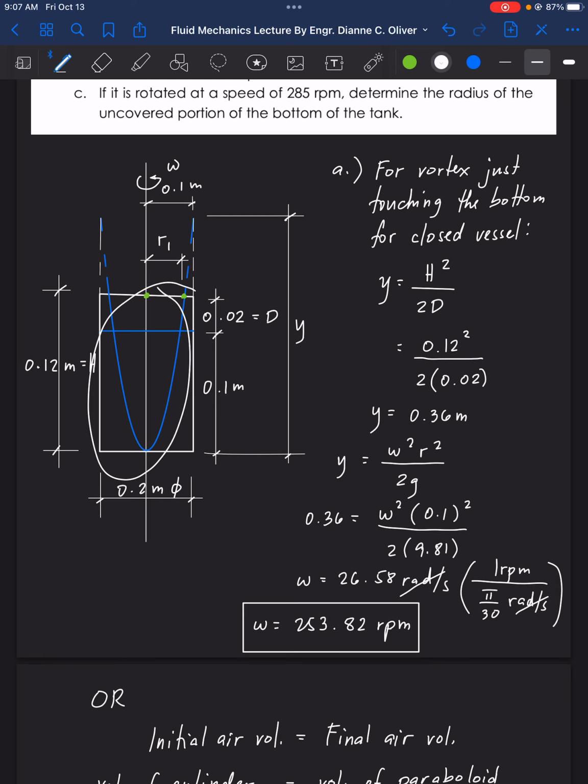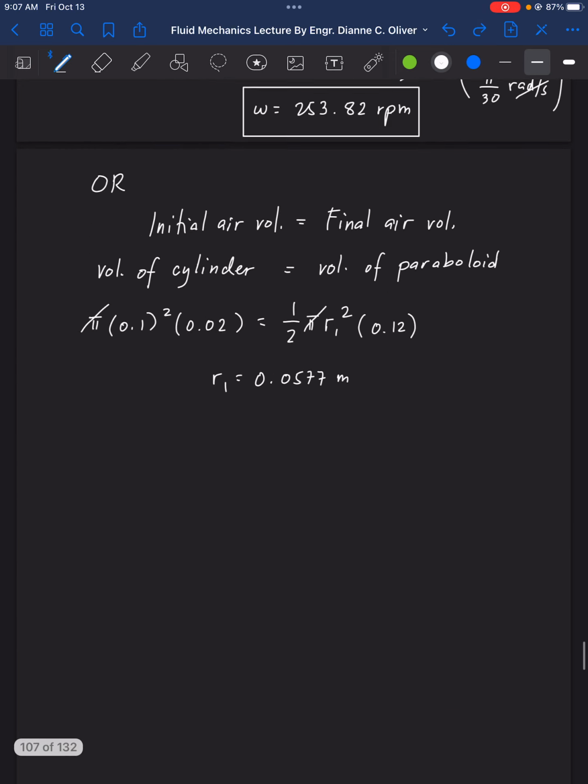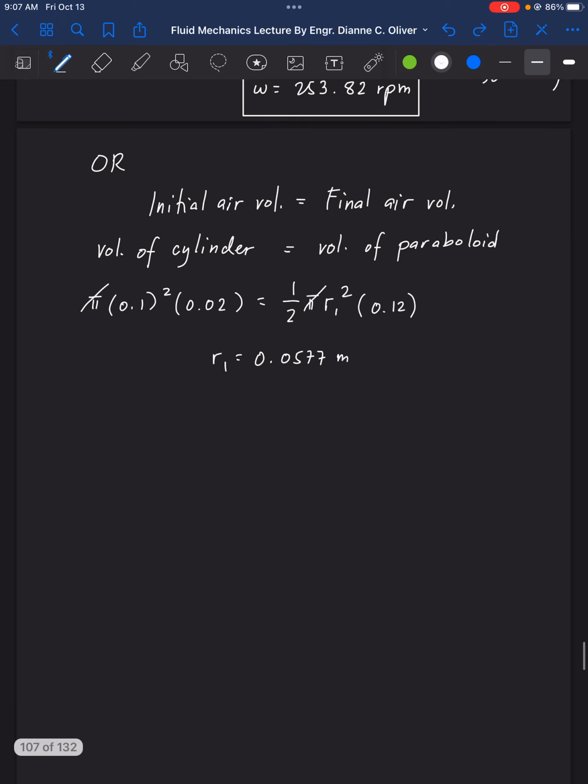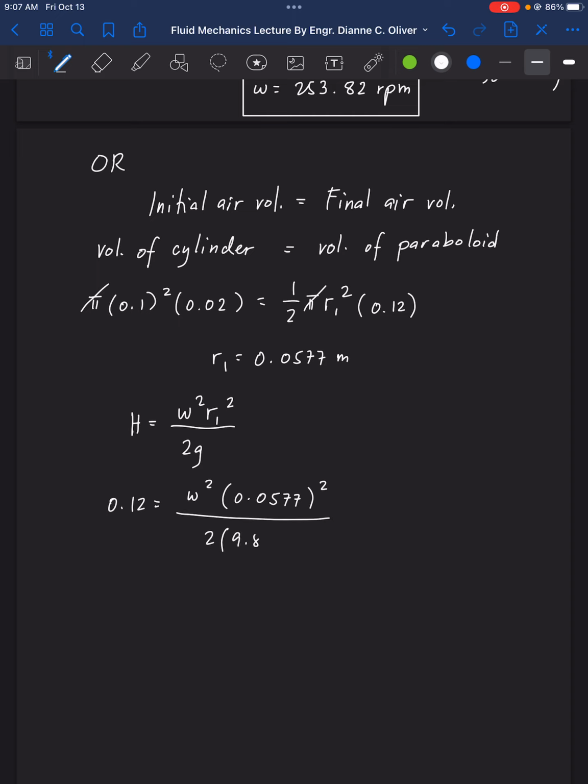Then using this r1 and our paraboloid, we can now solve for y, or say h. So h is equal to omega squared r1 squared all over 2g. That is 0.12 equals omega squared times 0.0577 squared all over 2 times 9.81.